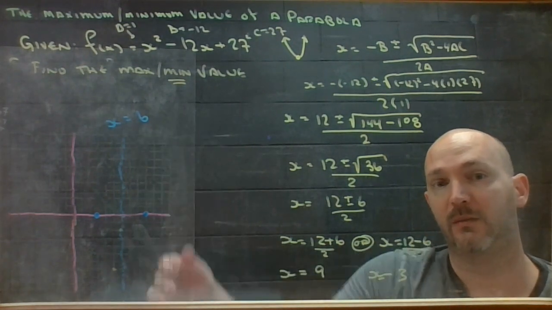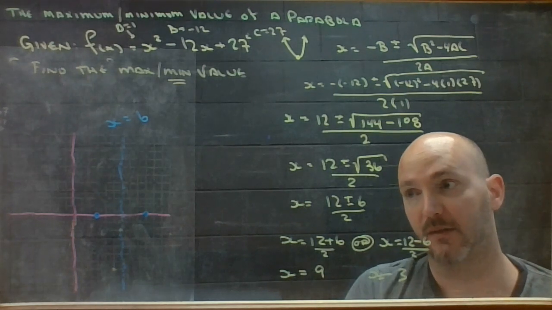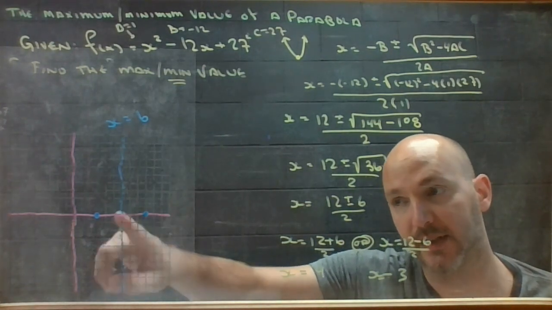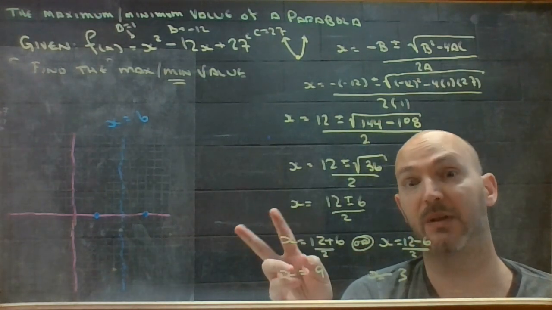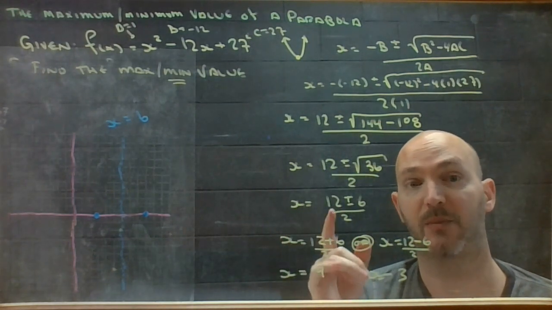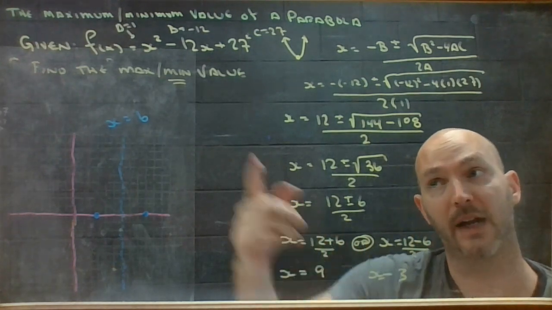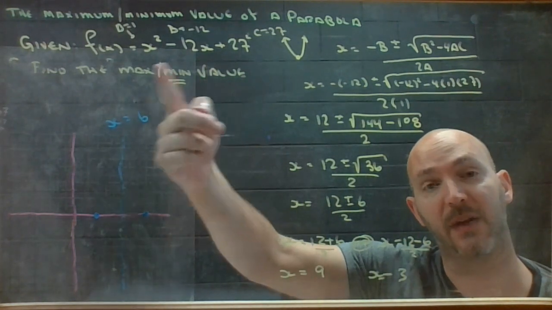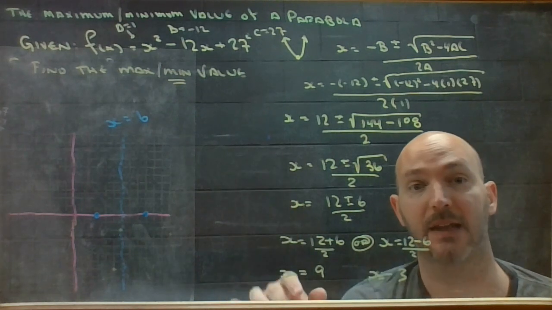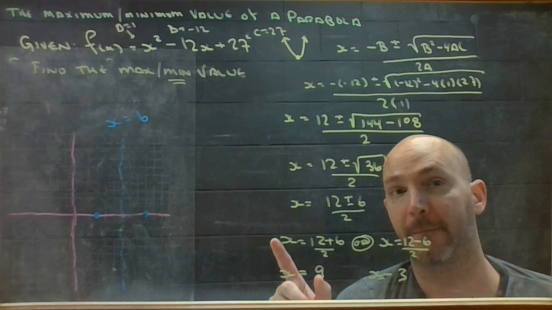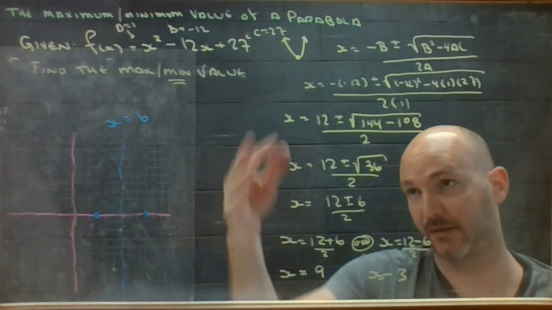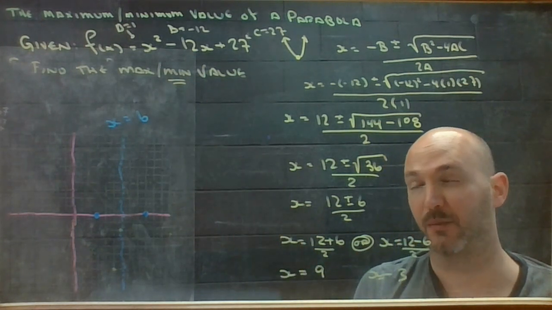Now I don't know where the vertex is vertically, but I know where it is horizontally. So I can get a y value 2 different ways. I can either count the parabola pattern, or I can stick the x value into my equation and evaluate it at 6 to see what the y value would be. Now I'm going to do that just again because it's going to prove a point.